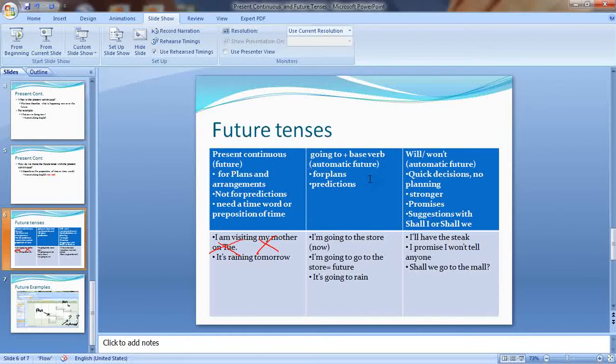So you can use will for predictions. It will rain. They will win. But generally, we won't use them for plans. But you can if you're. But it would be more of a promise.